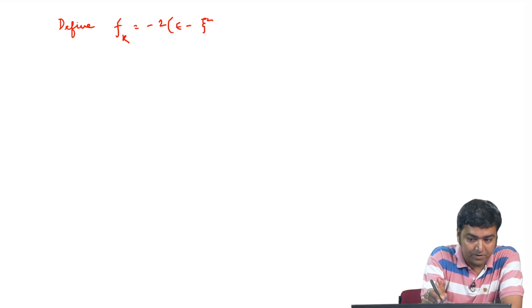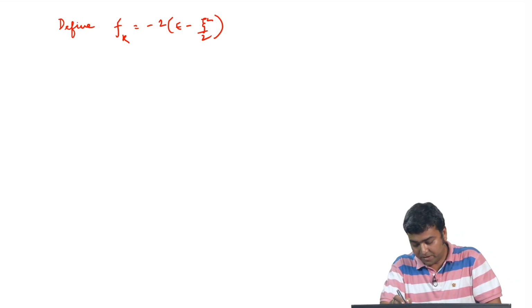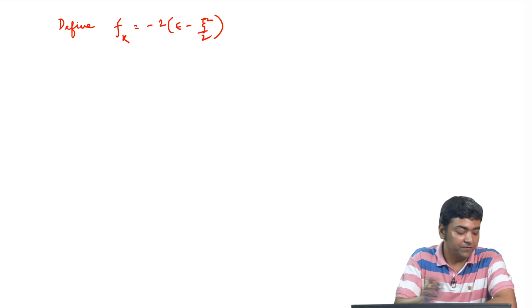So, as before, what we do is we now define my f k as equal to minus twice epsilon minus zeta square by 2, and then we use the Numerov step.